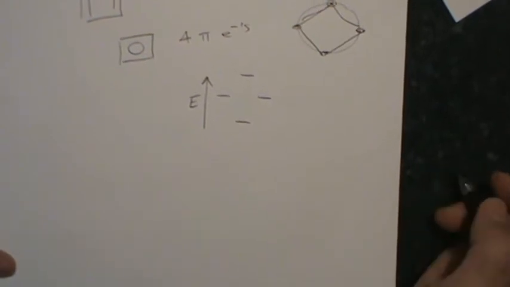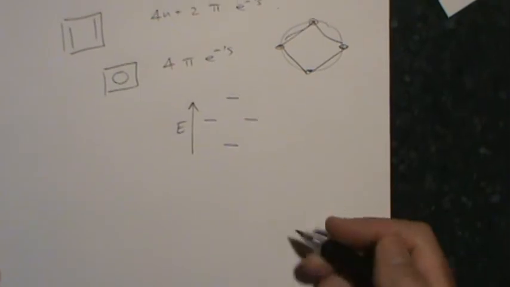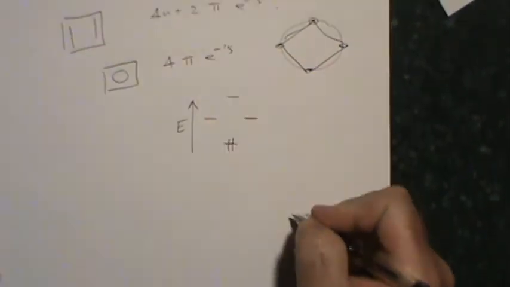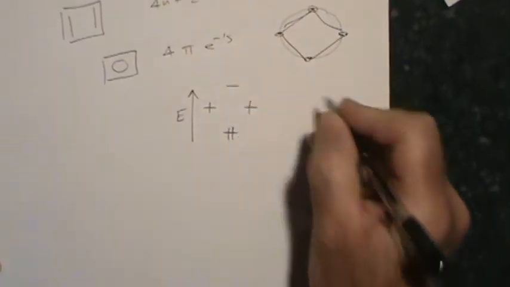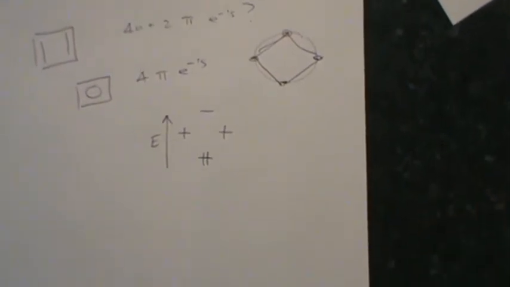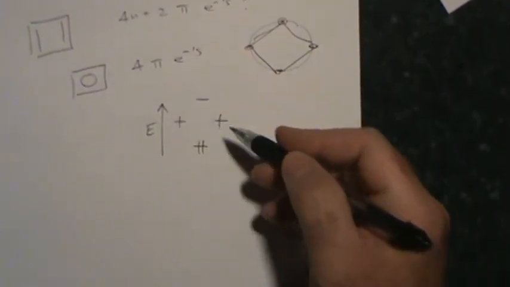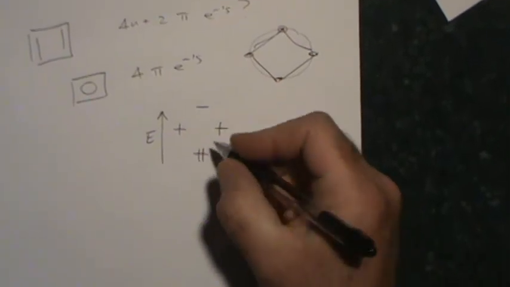Well, let's fill in the pi electrons. There's a total of 4 pi electrons to fill in. The first 2 would go down there, the third and the fourth would go there, and now we're out of electrons. And we notice something very peculiar. This molecule has 2 unpaired electrons sitting in these pi molecular orbitals.